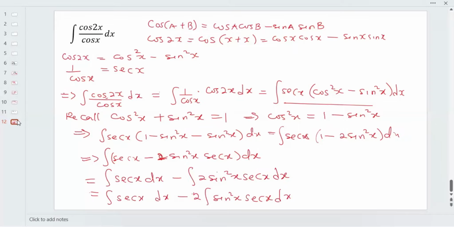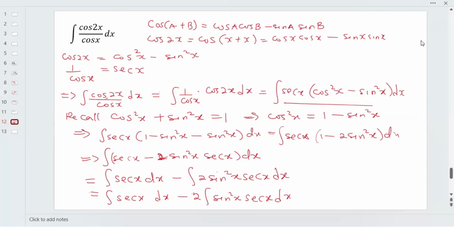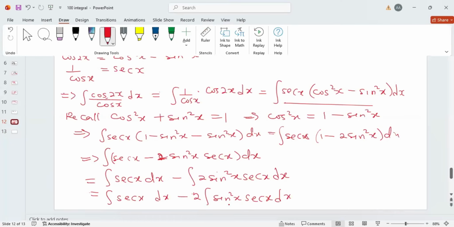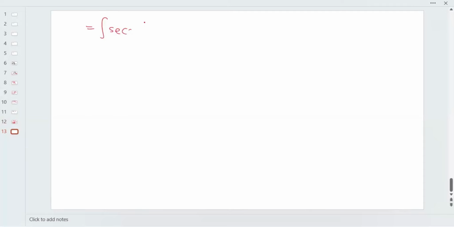Now this is very interesting. So we can do something like this. Right from what we have here, I want to change my sin squared x again, such that this equals the integral of sec x dx minus the integral of 1 minus cos squared x, then sec x dx.